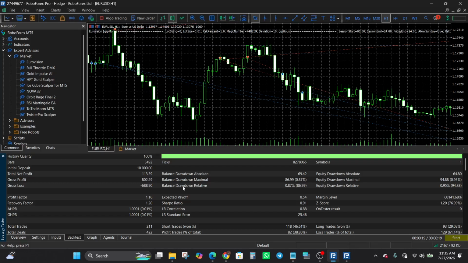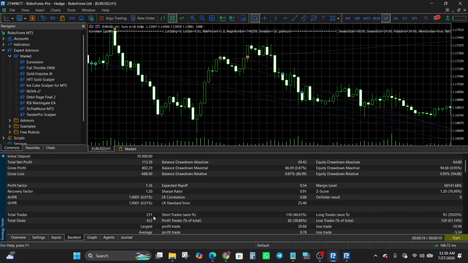Breaking that down, the gross profit was $802 against a gross loss of $688.9, giving a profit factor of 1.16. Maximum drawdown was very contained, under 1% in both balance and equity terms. Out of 211 total trades, only around 39% were profitable.